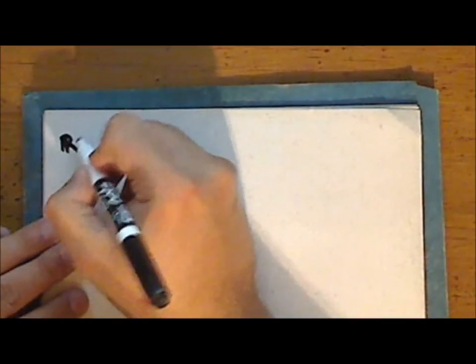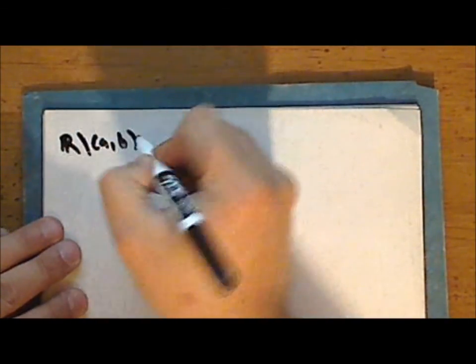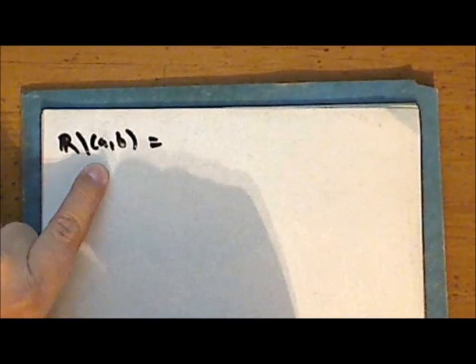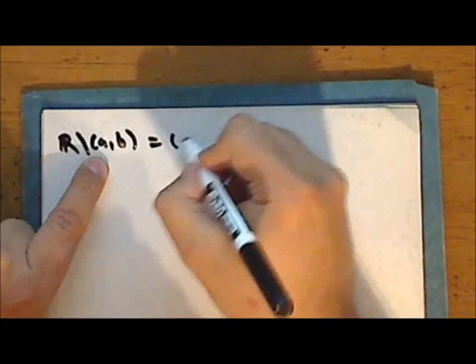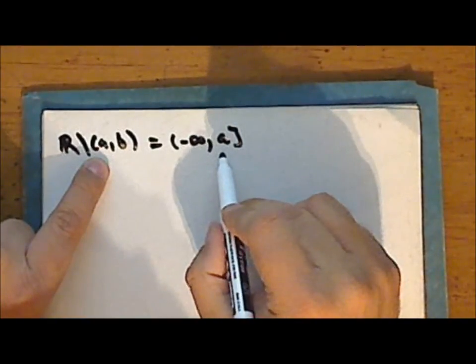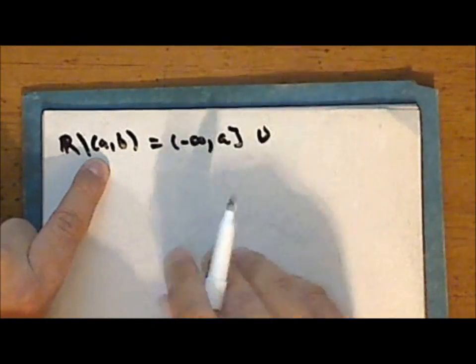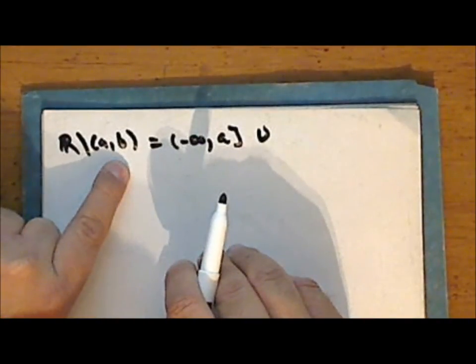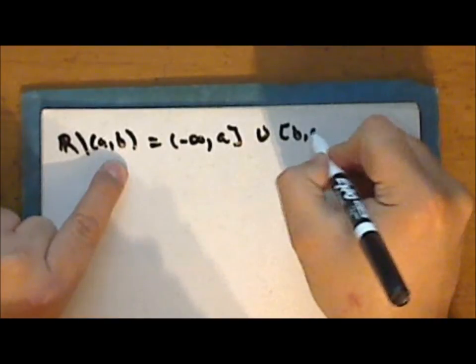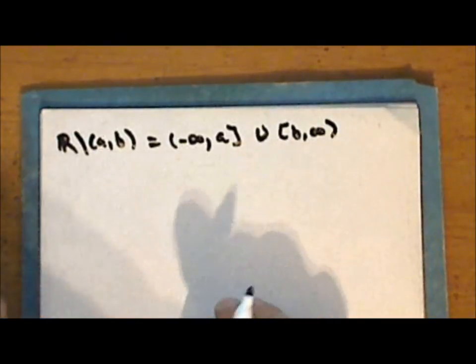The complement of this set is the set which contains all those real numbers less than or equal to A, which in interval notation we can note this way, and all those real numbers that are either greater than or equal to B, which in interval notation is this.